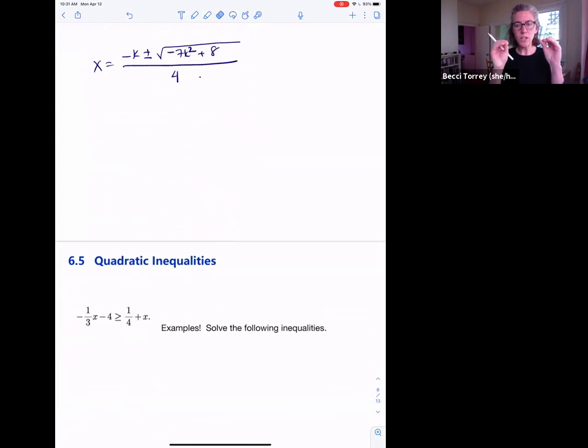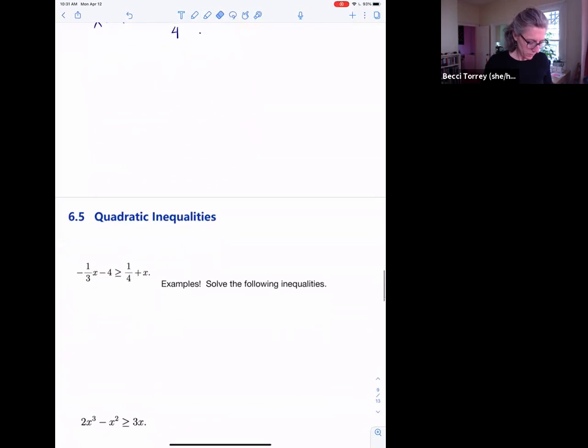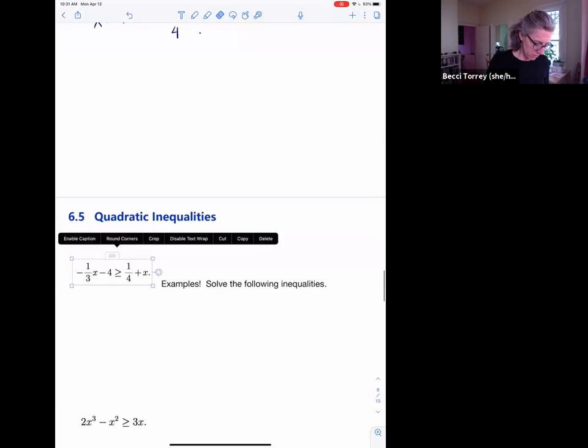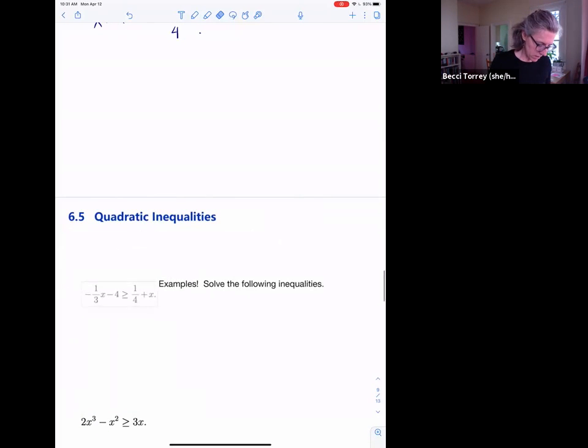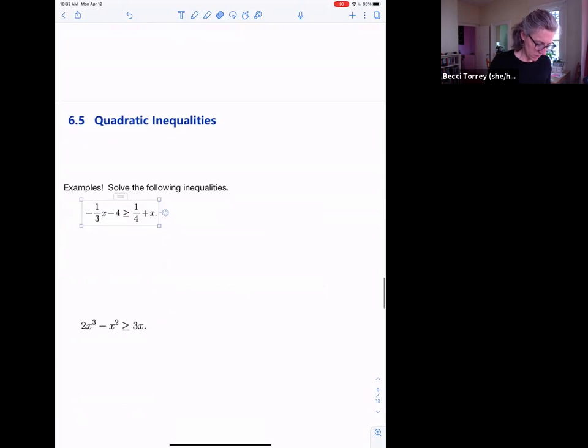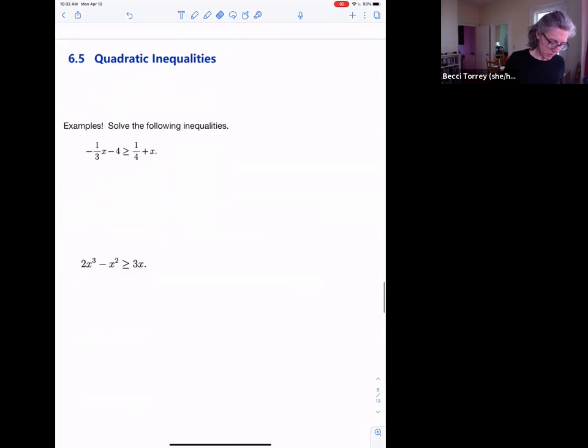When you're solving an equation, you're saying, what are the numbers that make this exactly equal? With an inequality, you're like, I need to find all the numbers that make this bigger or smaller. So sometimes it jumps things around. Okay, so let's just go through some examples first.